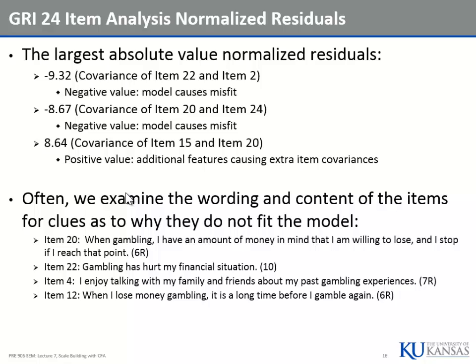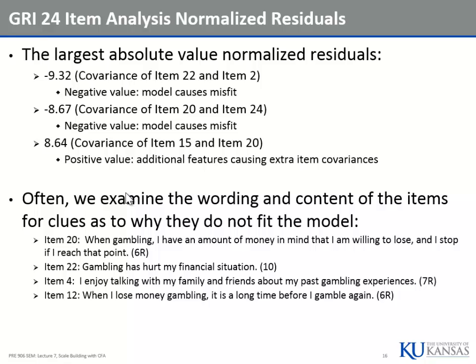Item 22, gambling has hurt my financial situation. That was supposed to measure criterion 10, not reverse coded. Item 4, I enjoy talking with my family and friends about my past gambling experiences. That is reverse coded. I think the criterion for this is tries to hide their gambling activities. So somebody who rates this highly would say is probably not a gambler.